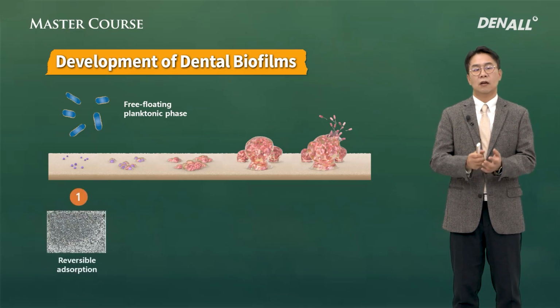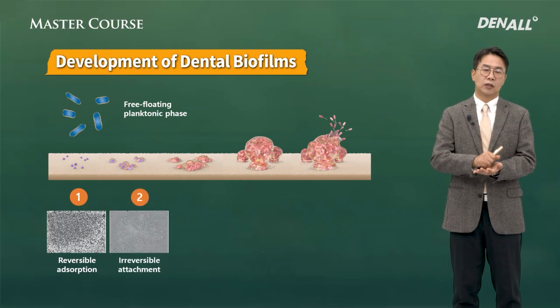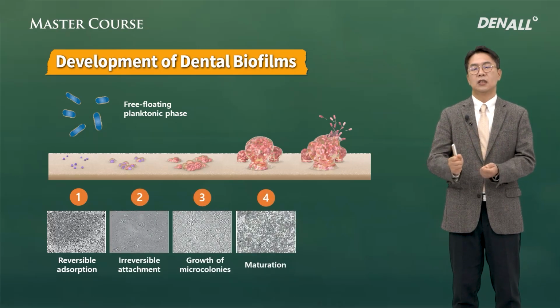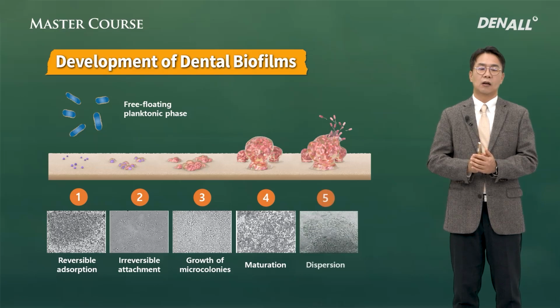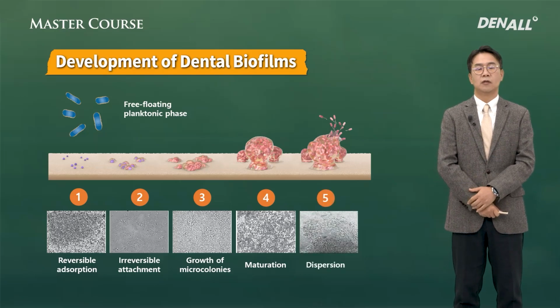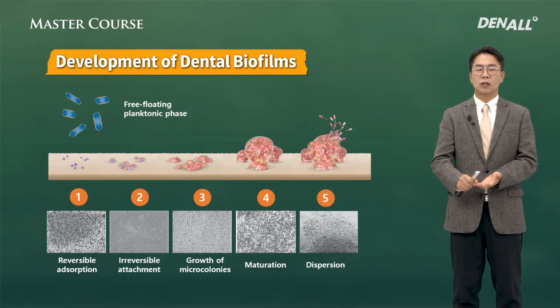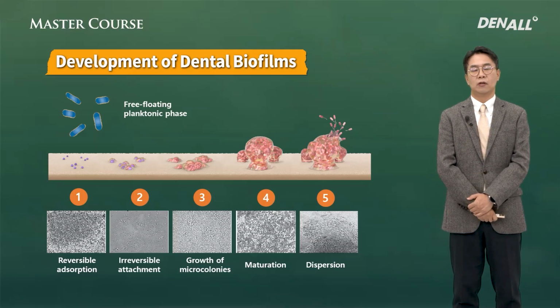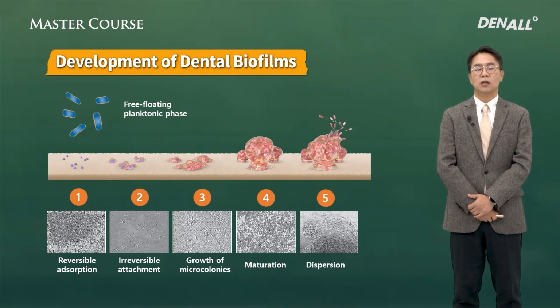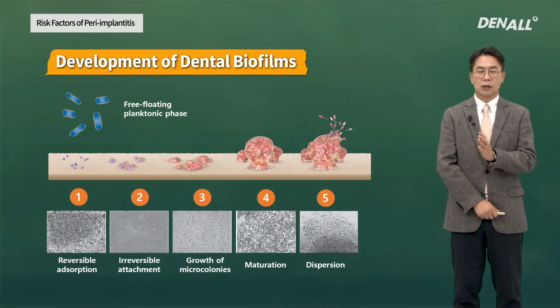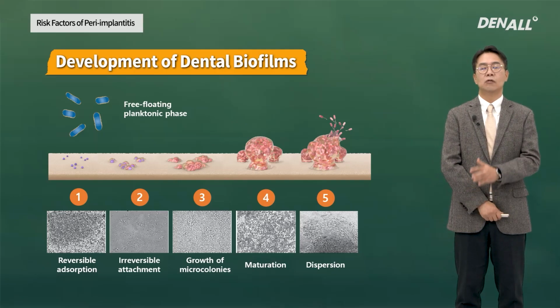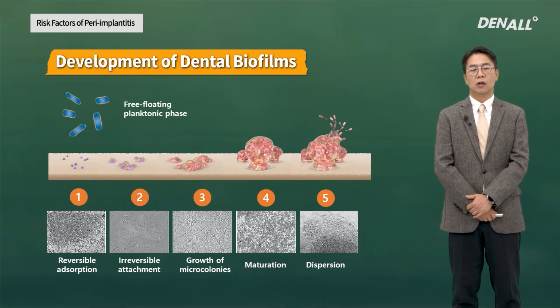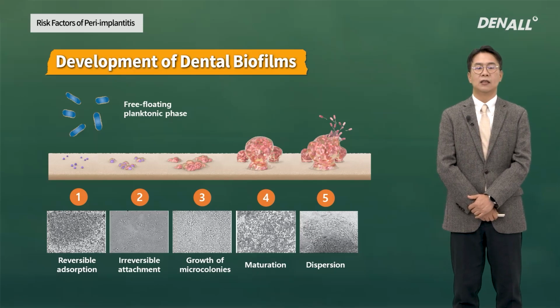At the beginning, it is adsorption, followed by growth, maturation, and inflammation. Adsorption and growth can be stopped, then the cause of the problem can be removed. That means maintenance is very important.